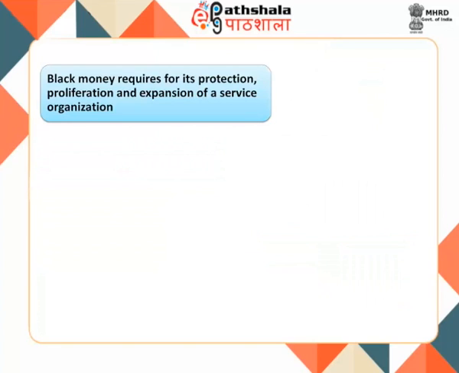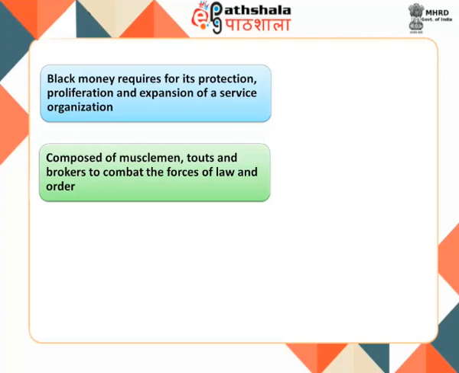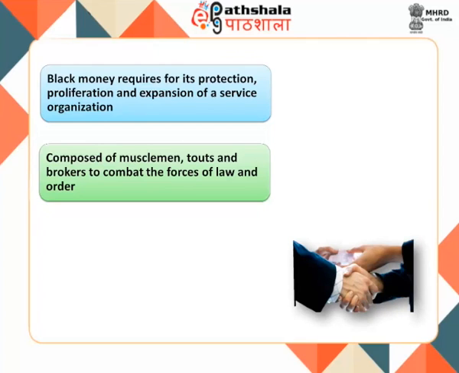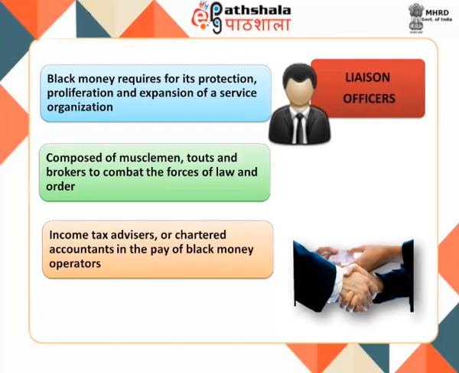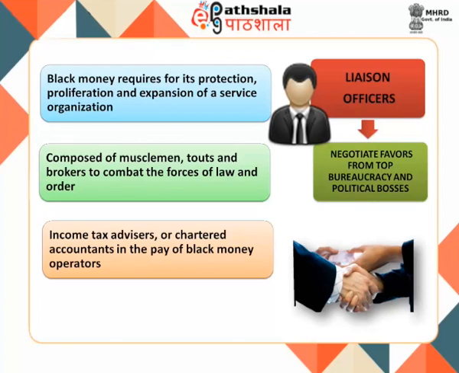Black money requires for its protection proliferation and expansion of a service organization composed of musclemen, touts, and brokers to combat the forces of law and order on the one hand, and on the other hand, there are income tax advisors or chartered accountants in the pay of black money operators. Then there are contact men, better known as liaison officers, who negotiate favors from top bureaucracy and political bosses through bribes of black money. This has developed a new black money culture in the business world.